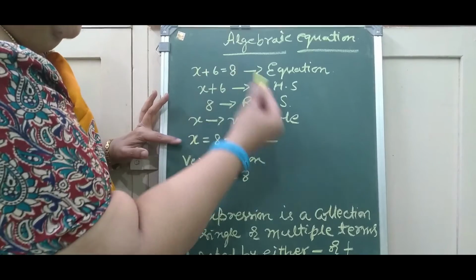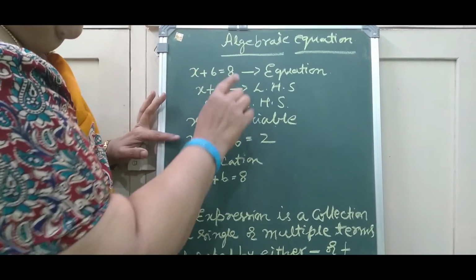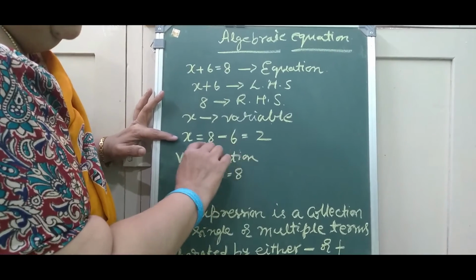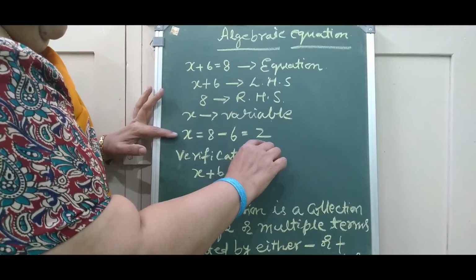This plus 6 must be brought to the other side of the equation. When there is an equals sign, we call it an equation. x is equal to 8 minus 6, and the value will be 2.